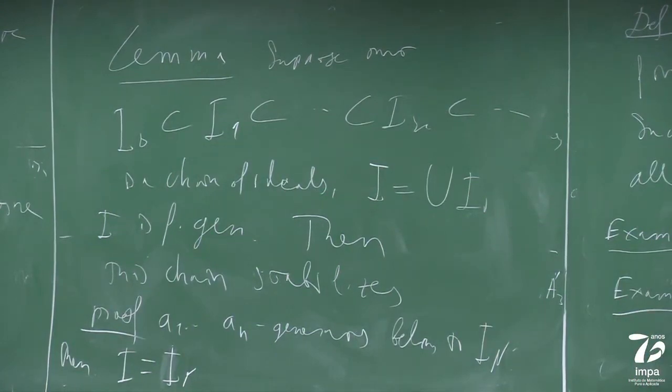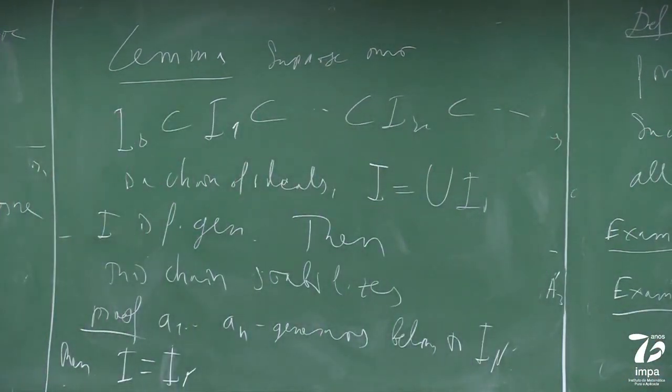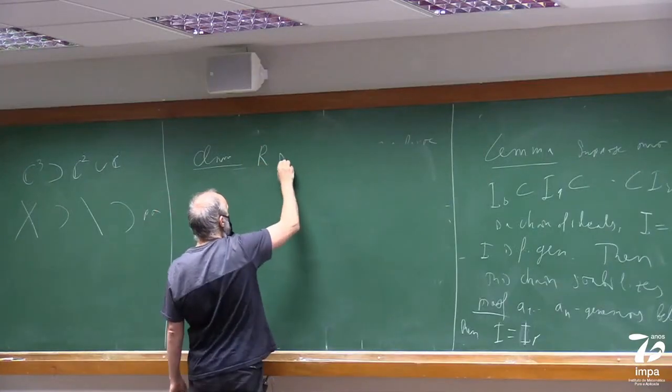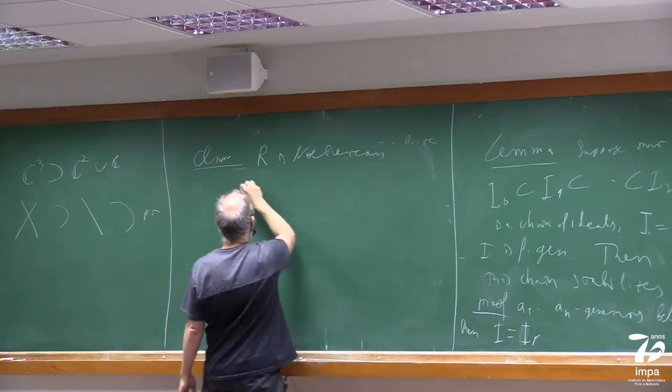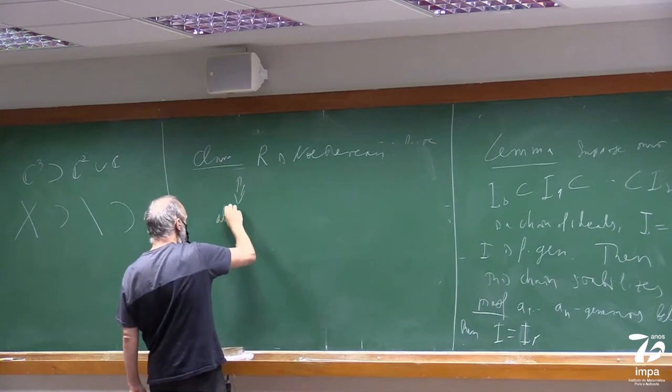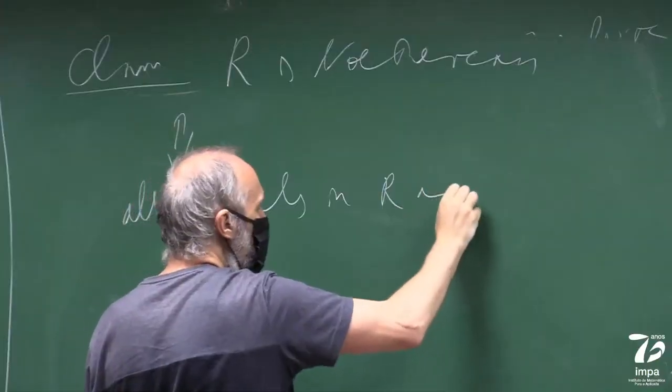Okay, so the first claim, which is almost straightforward and obvious, is that if you have a ring with all ideals finitely generated, it is Noetherian. R is Noetherian if and only if all ideals in R are finitely generated.